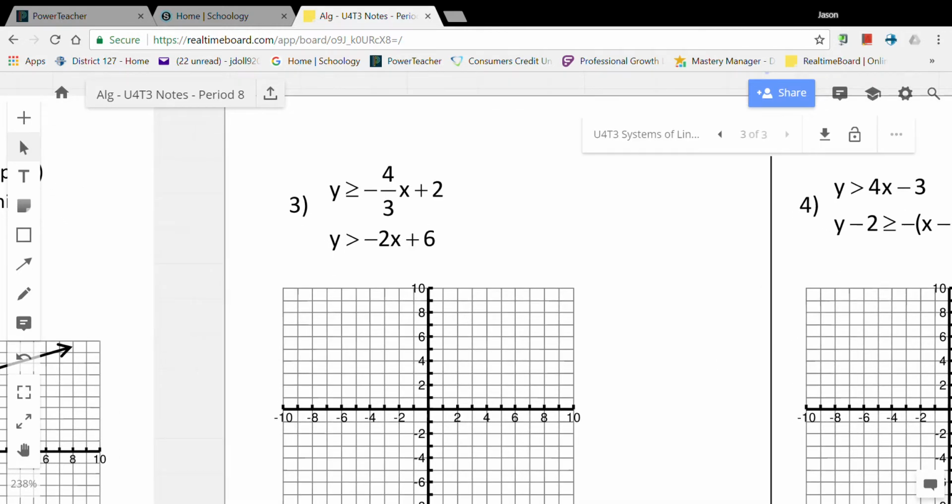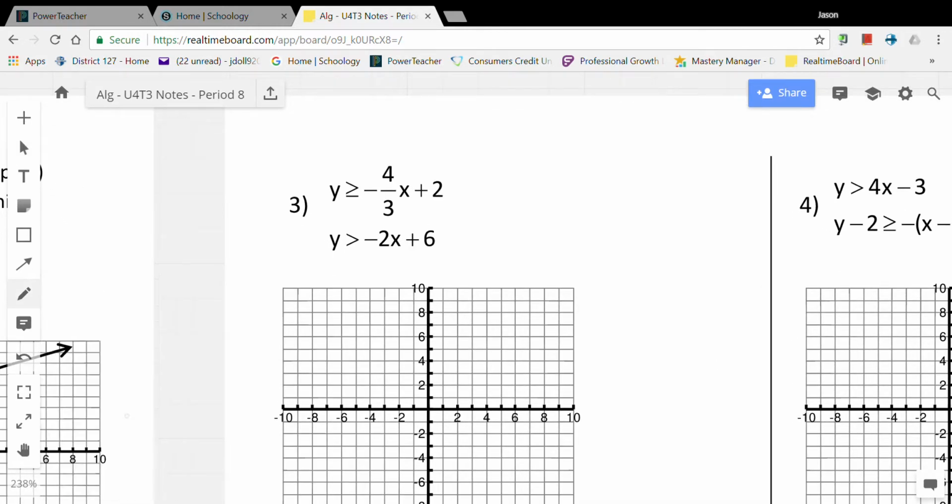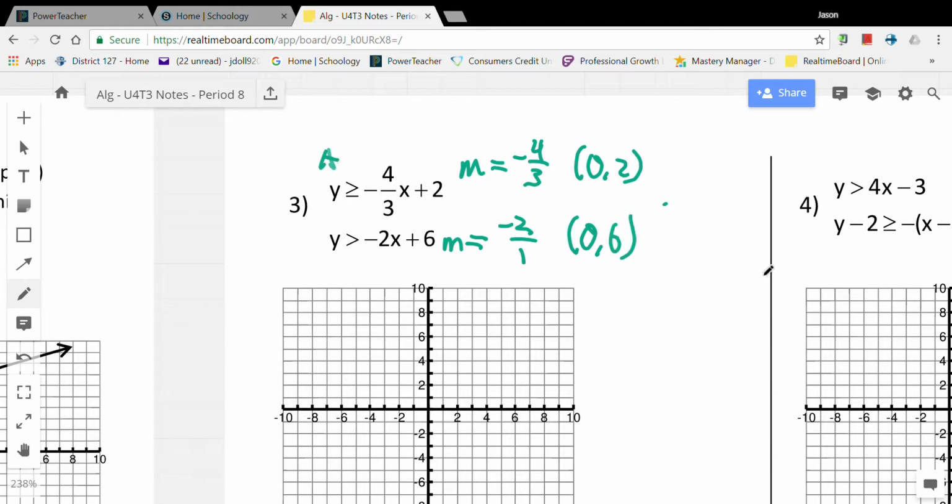All right, this one here again is in slope-intercept form. So again, slope -4/3, y-intercept 0, 2. Here my slope is -2/1. Y-intercept is 0, 6. This inequality tells me to shade above with a solid. This one says above with a dashed.